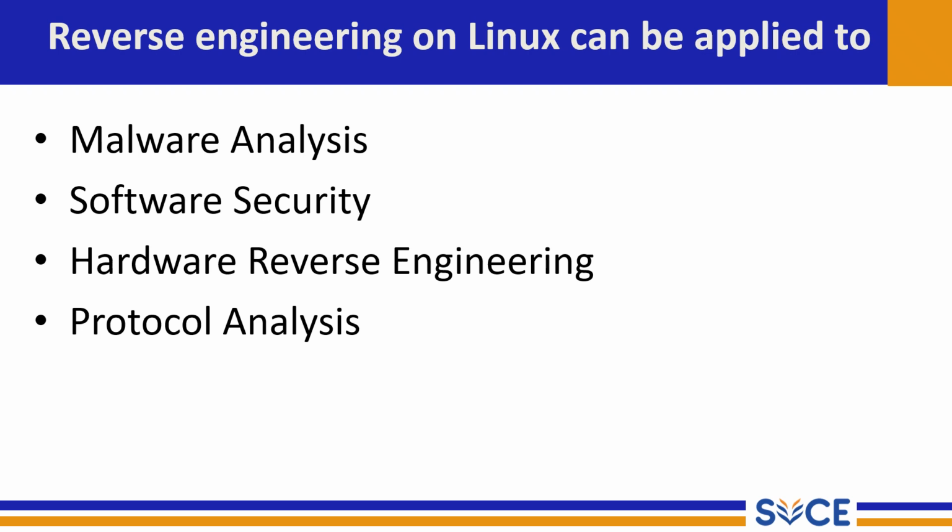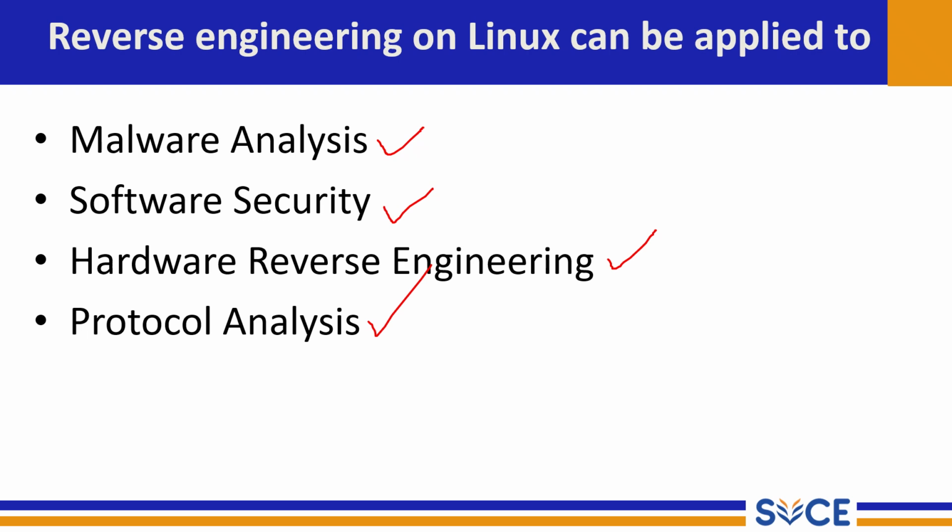Okay, so where is it applied? First, malware analysis. Second, software security. Third, hardware reverse engineering. And fourth, protocol analysis. Malware analysis means understanding the behavior and functionality of malicious software to develop defenses.